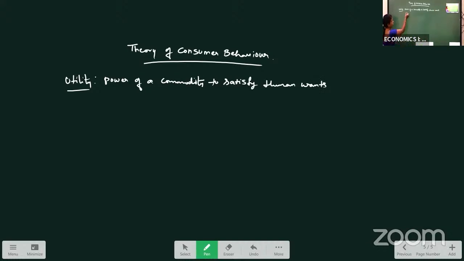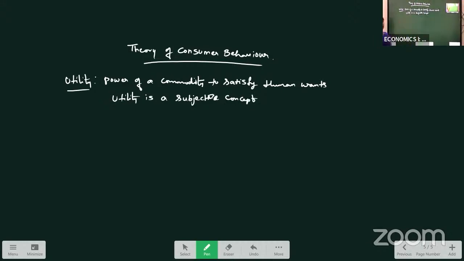And here we can say utility is a subjective concept. Subjective means what? We cannot measure it in quantity.